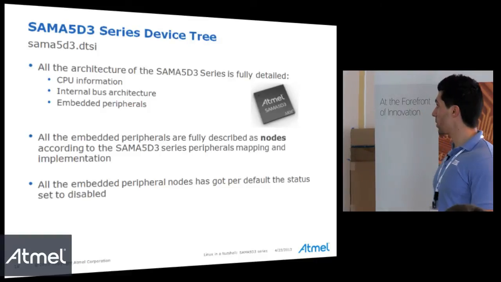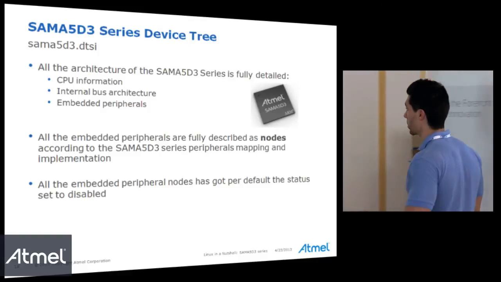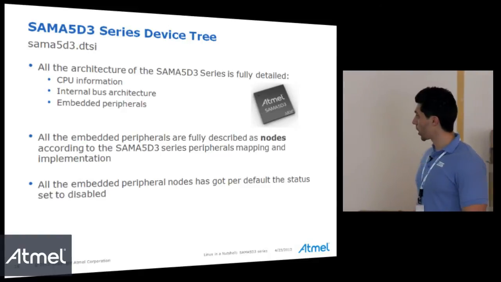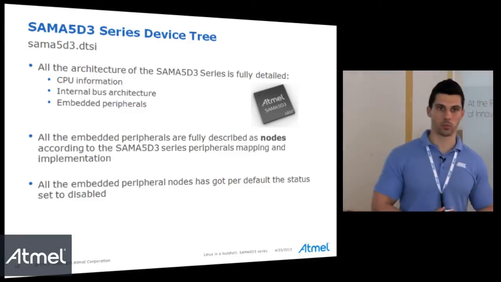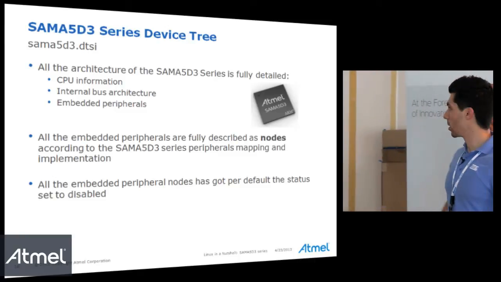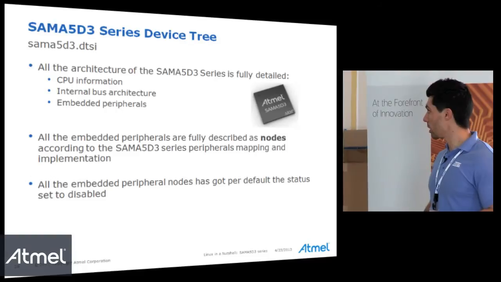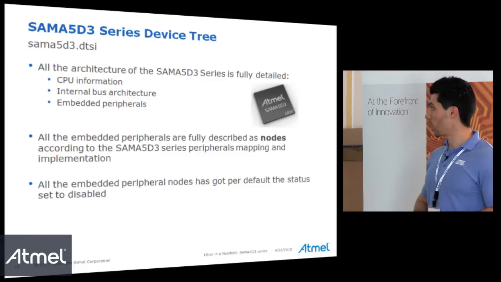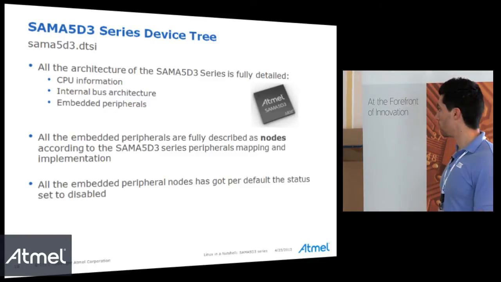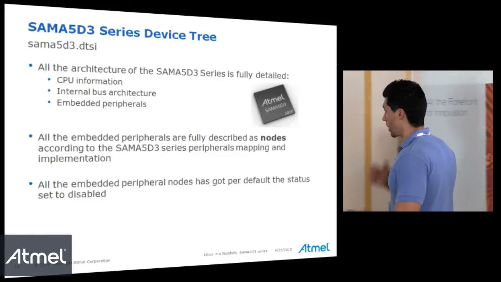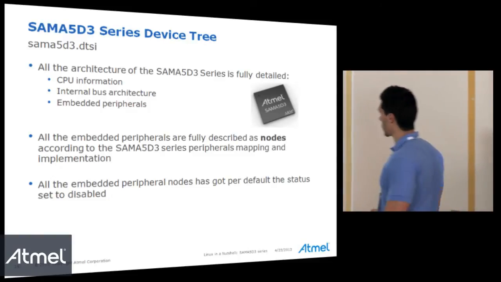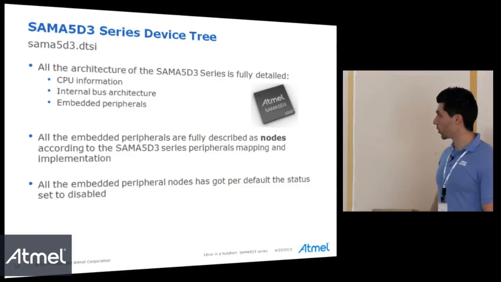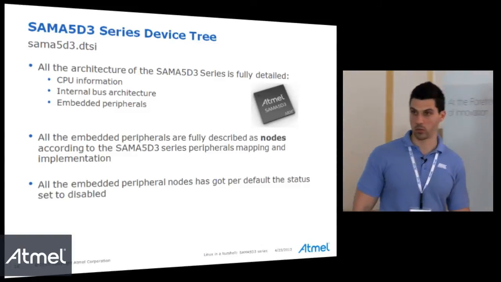So we have a device tree for the SAMA5 series. SAMA5D3.dtsi describes the overall architecture of the product: the buses, some information about the CPU and the embedded peripherals available or not in the whole series. As I said, all the embedded peripherals are described as nodes according to the peripheral mapping and the implementation of the product.